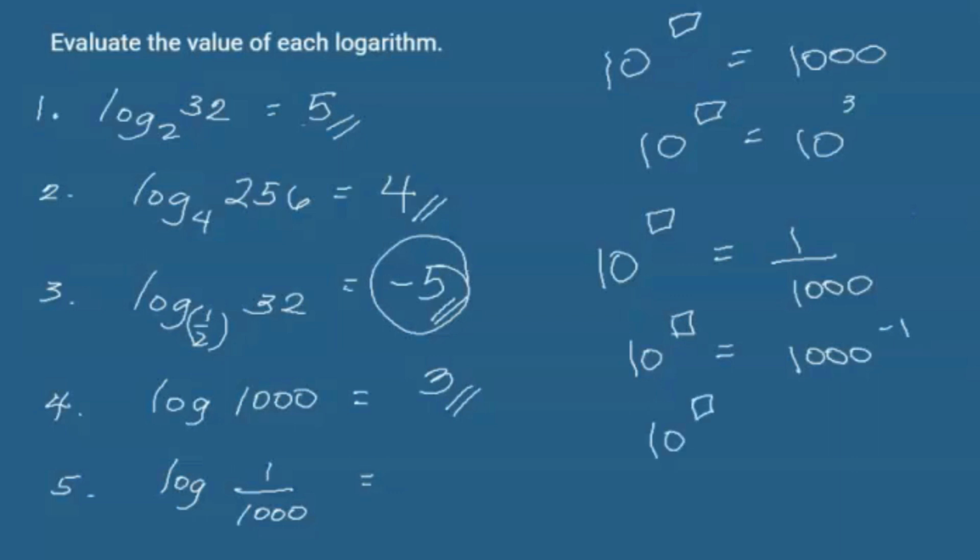So 10 raised to cube times -1. So that's -3. Okay. So therefore, our exponent here is equal to -3. So logarithm of 1 over 1000 is -3.